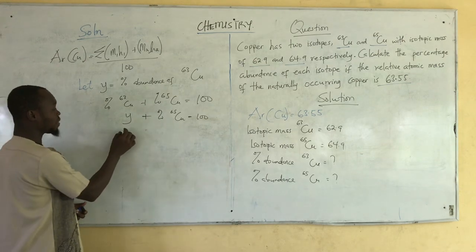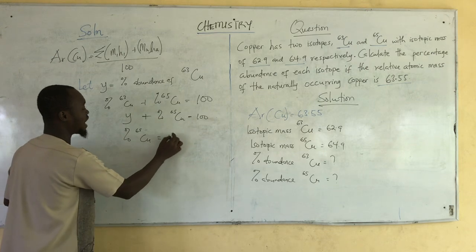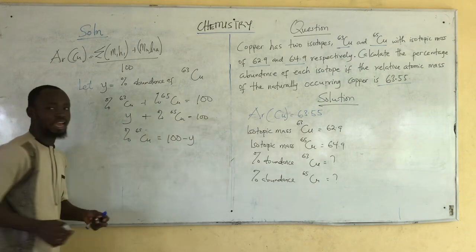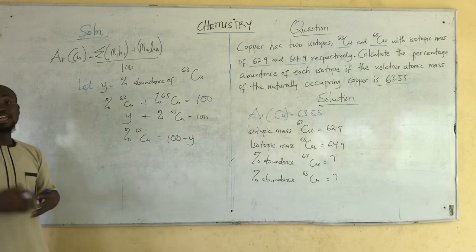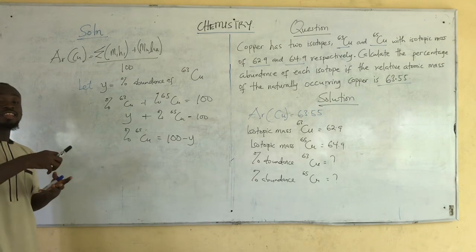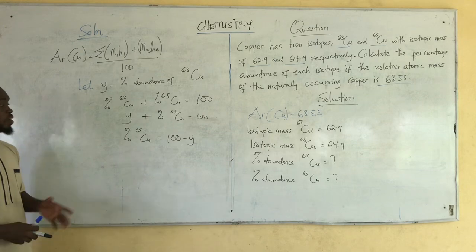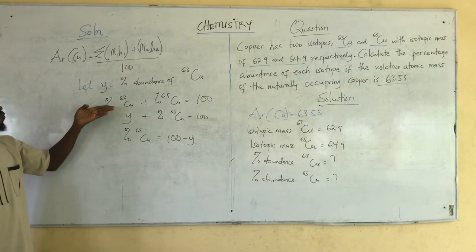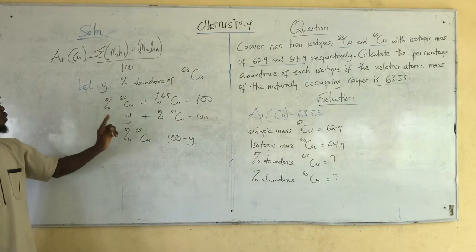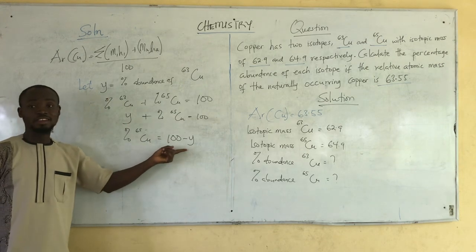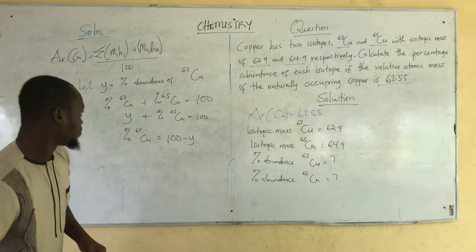So we say that the percentage abundance of copper 65 will be equal to 100 minus y. Is that okay? Because if one is y, to know the other one, we subtract that variable or that number from 100. So if we say the percentage abundance of copper 63 is y, then the abundance for copper 65 will be equal to 100 minus y. Is that okay? Very good. So now let's proceed.